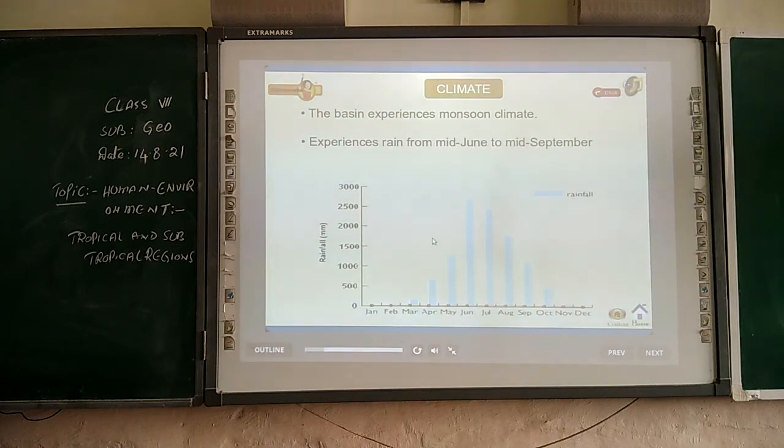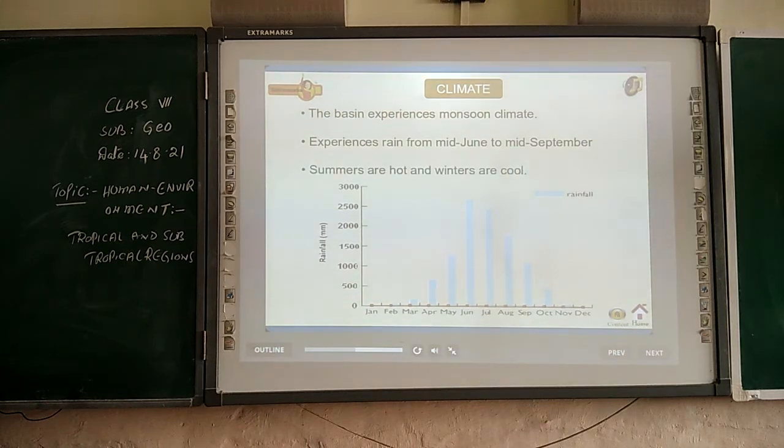Monsoon generally occurs in June, July, August, and by the end of September it will break off. So therefore, in this basin, rain generally occurs in the monsoon season from June to mid-September.